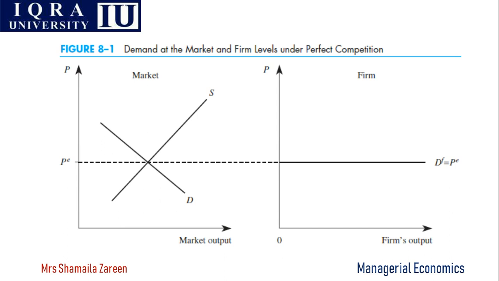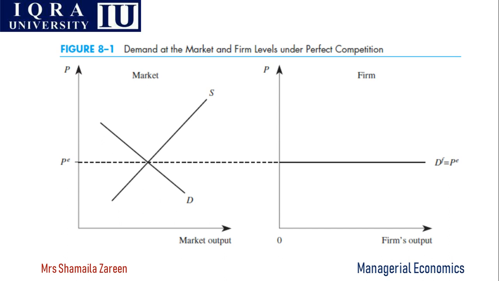From the individual firm's point of view, the firm can sell as much as it wishes at a price of PE, that is, the equilibrium price. Thus, the demand curve facing an individual perfectly competitive firm is given by the horizontal line in the right hand panel, labeled demand for firm, that is equal to the equilibrium price.